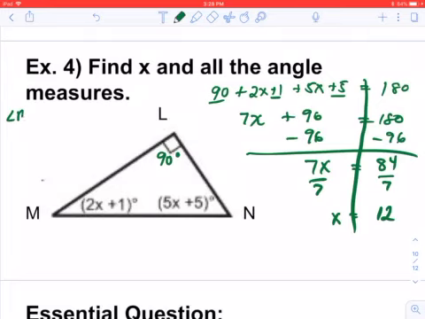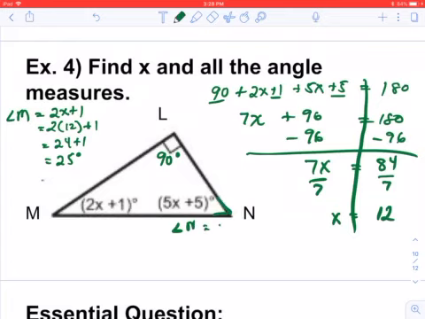Let's do angle M. That's equal to 2x plus 1, which is equal to 2 times 12 plus 1. 24 plus 1 is 25 degrees for angle M. For angle N, down here, that's 5x plus 5, so that's equal to 5 times 12 plus 5. So that's 60 plus 5, which equals 65 degrees. So 25 plus 65 plus 90 all equal 180.